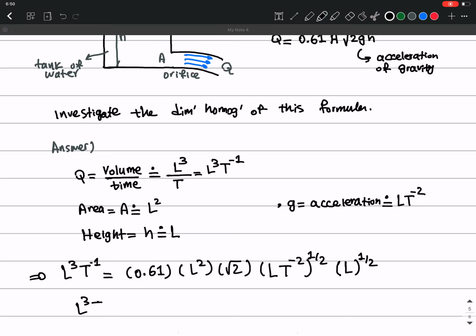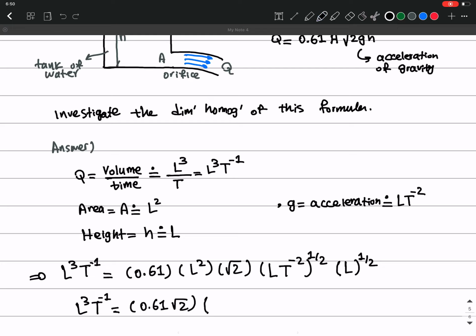Okay, so we have L^3 T^-1 equals, on the right-hand side, 0.61 times the square root of 2, and then I just factor out all the terms. These two terms, the square root of g and the square root of h, give me L, because it's L^1/2 times L^1/2.